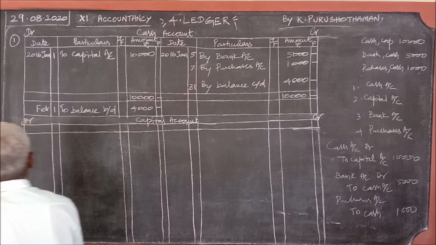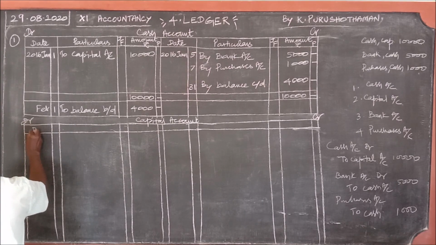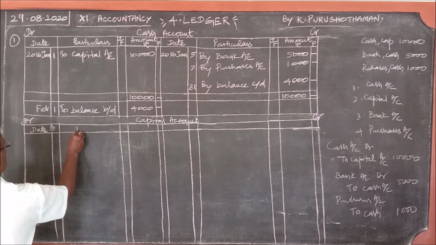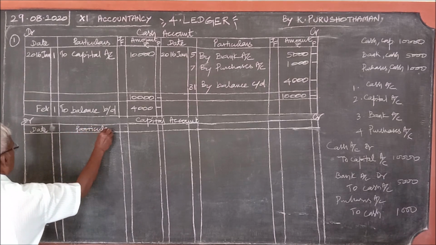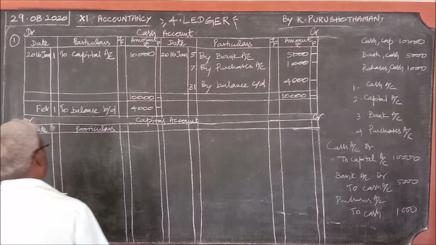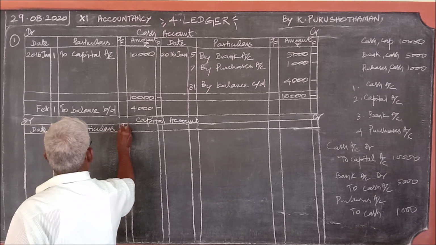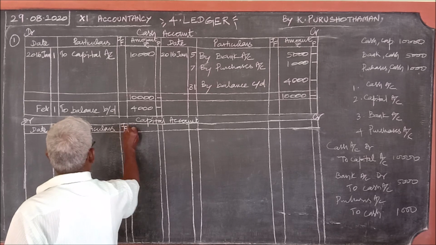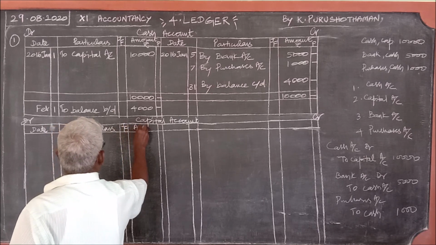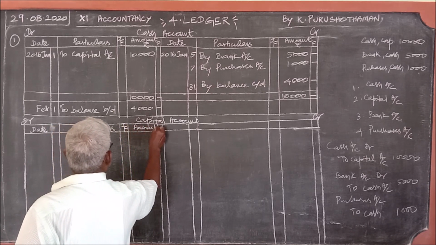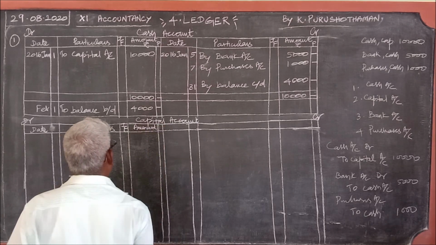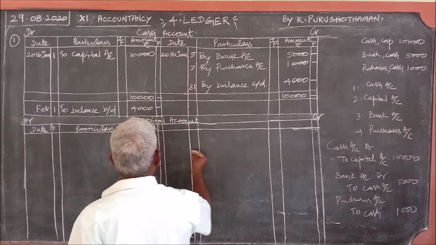The same thing, date, particulars, JF, amount. Then the same thing on the credit side also.